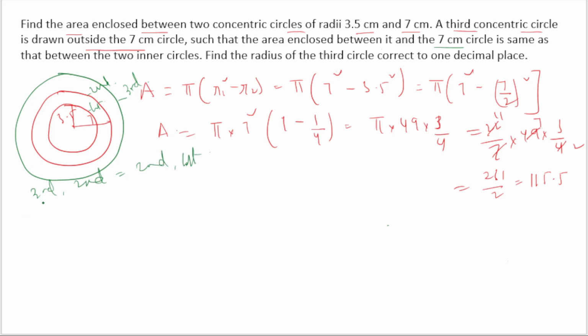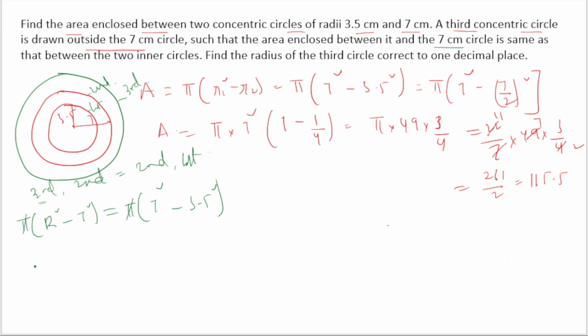So what is the area between the two concentric circles? It is pi into radius of third circle, we will assume as r, r square minus radius of second circle 7 square, is equal to pi into radius of second circle 7 square minus radius of first circle 3.5 square.